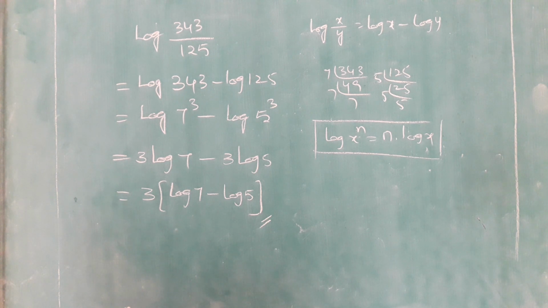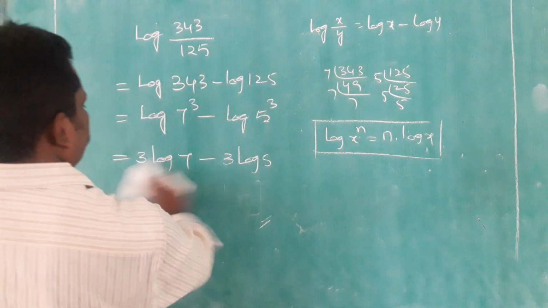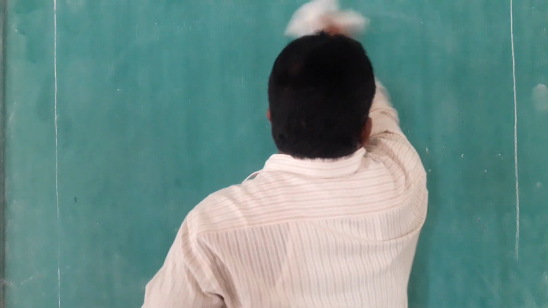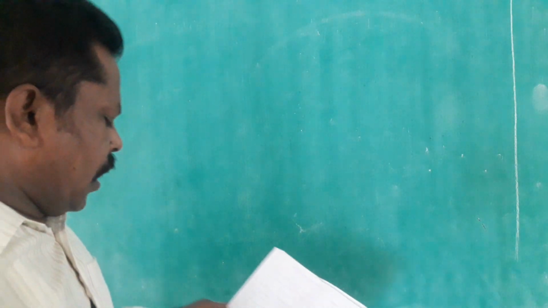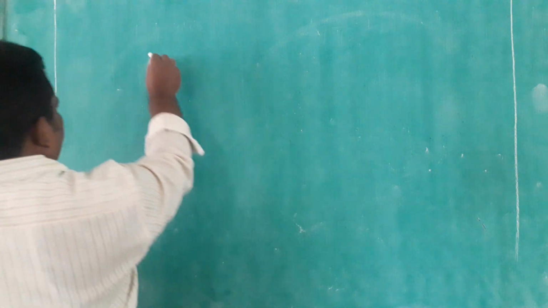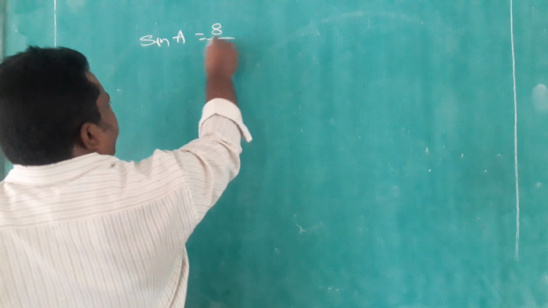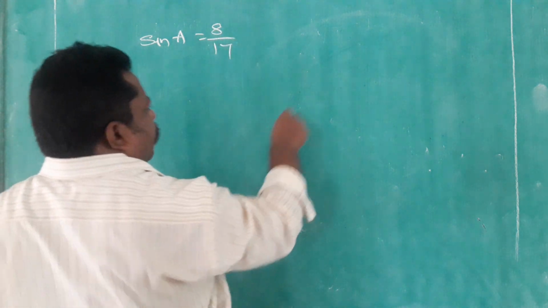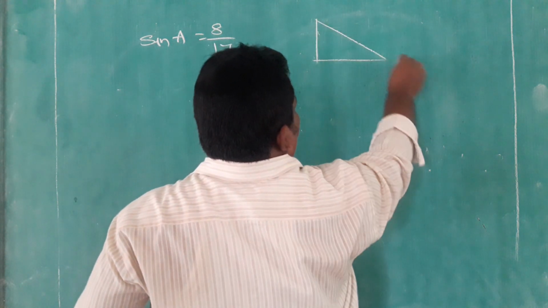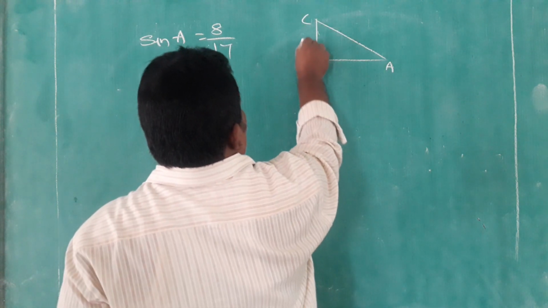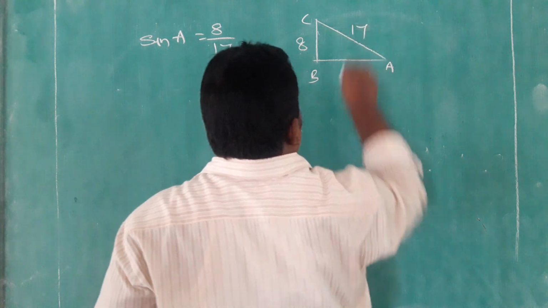Okay. Now next question, sin A is equal to 8 by 70. We know the formula for sin. Here A, B, C. Sin is opposite side over hypotenuse. Opposite side is 8 and hypotenuse is 70.